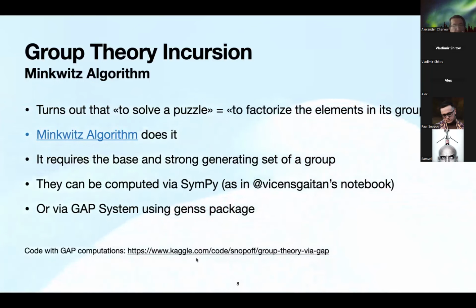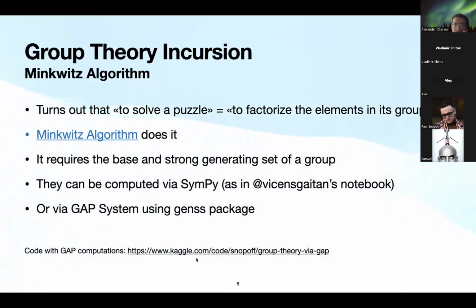Can you repeat, please? What is a strong generating set? Well, in layman's terms, it's basically, in some sense, the same as the generators, but a little bit different. I'm not sure if I can give a definition. But this is just a set that can generate all of the elements in some subgroup or given group.